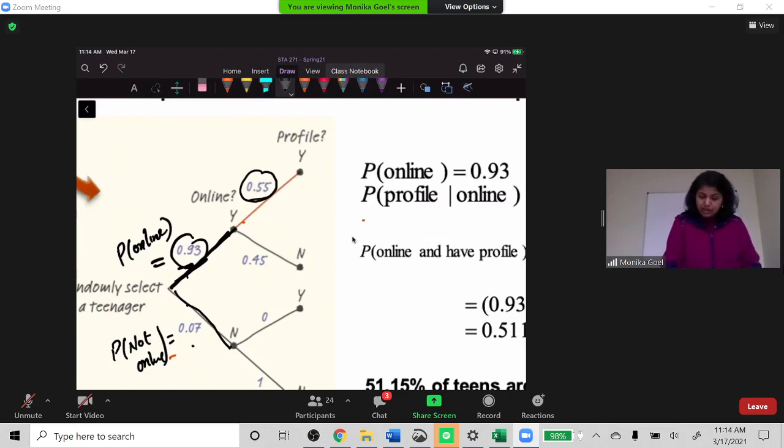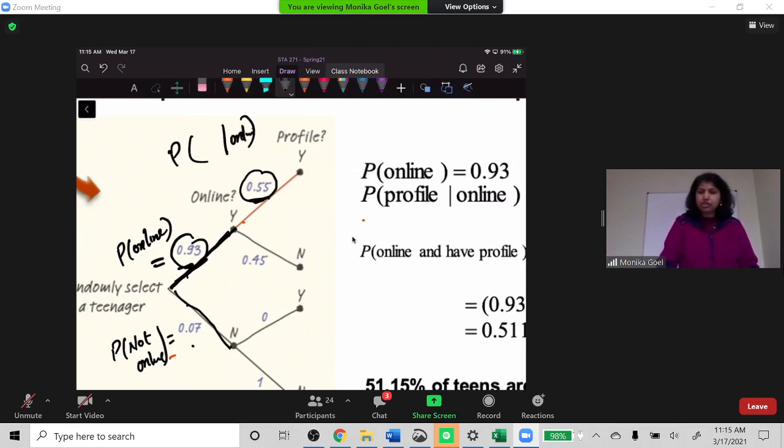So how do we write this 55%? What is this in probability notation? Anyone wants to try, guess? So it says that a teenager posted the profile when they are online. So what is given to us? We know that they are online.